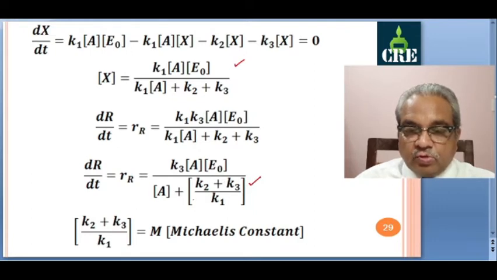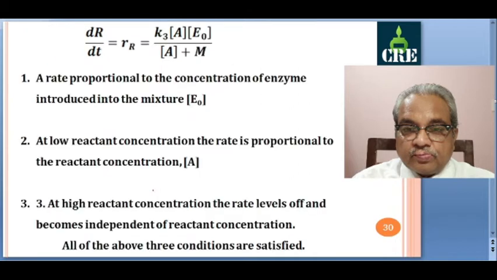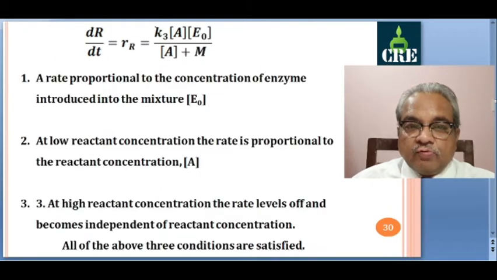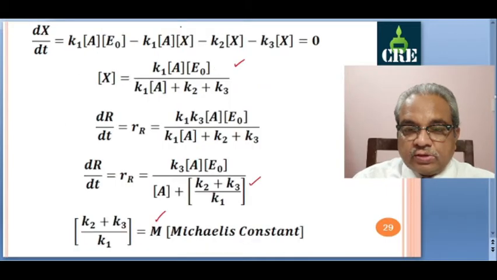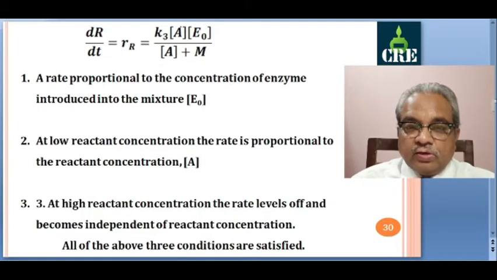So this particular constant, K2 plus K3 by K1, is denoted as M, and this is known as the Michaelis constant. So the rate of formation of R is written as K3 into concentration of A into concentration of E0 in the numerator, and in the denominator you have concentration of A plus this Michaelis constant M.